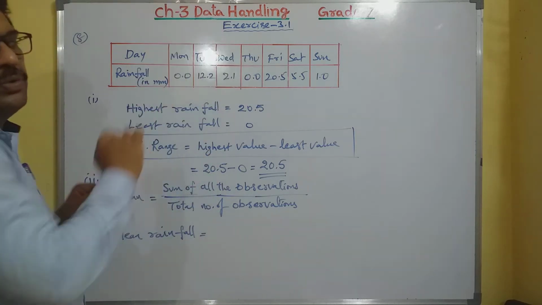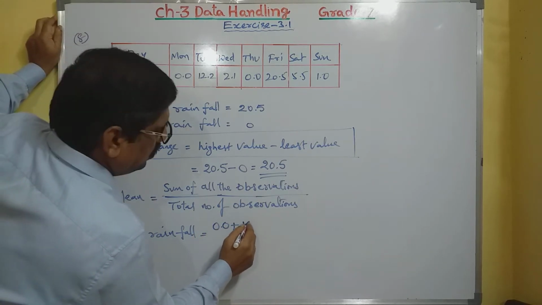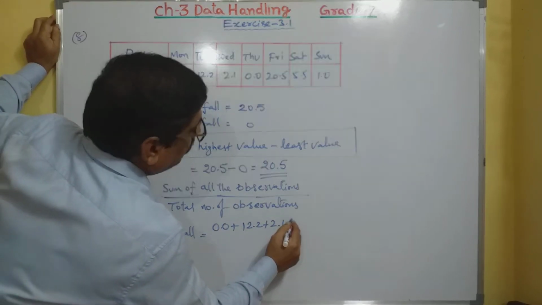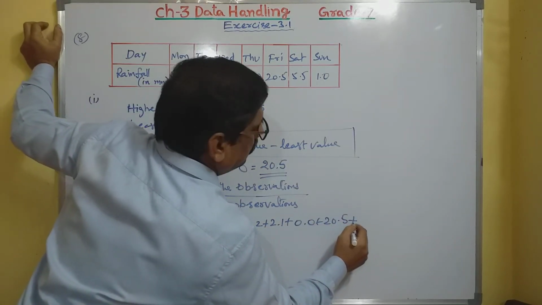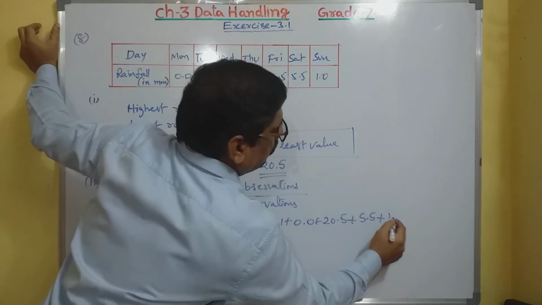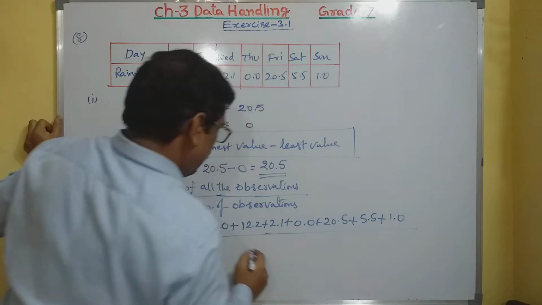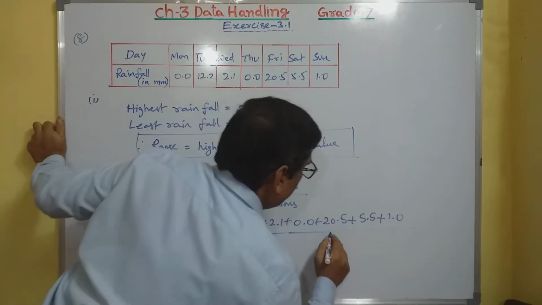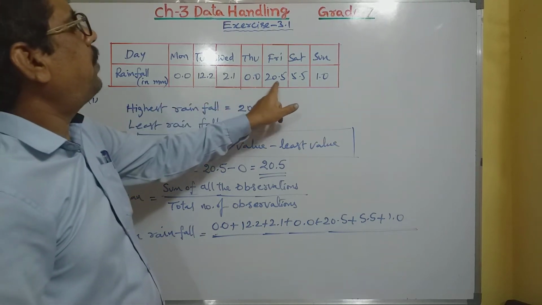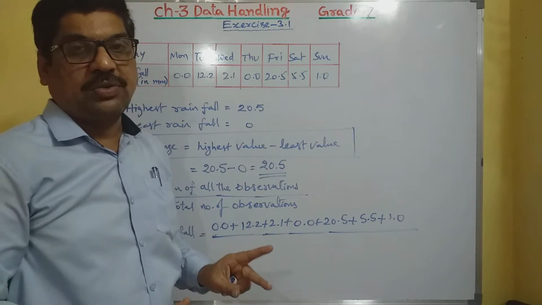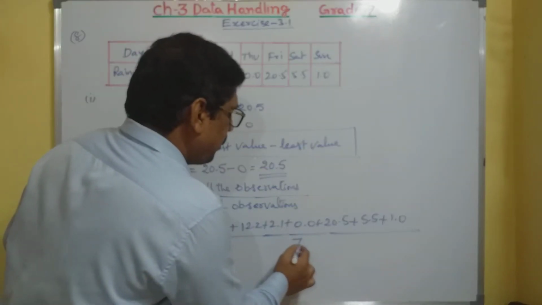We need to add 0.0 plus 12.2 plus 2.1 plus 0.0 plus 20.5 plus 5.5 plus 1.0, divided by the total number of observations. Here there are 1, 2, 3, 4, 5, 6, 7. 7 observations for 7 days in a week. So we need to divide by 7.